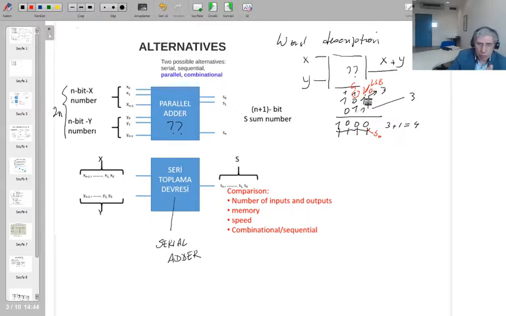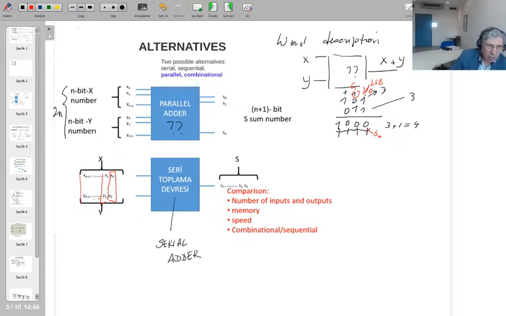So if you're doing the summation by hand, you are doing it one bit at a time, not all the bits. In here, all the bits are applied at the same time, but if you do it by hand, you are doing the summation one bit at a time. So that is serial. You are applying x0, y0, the least significant bits, first, and then x1, y1. It goes like that.